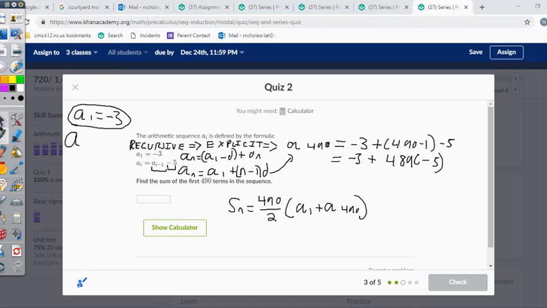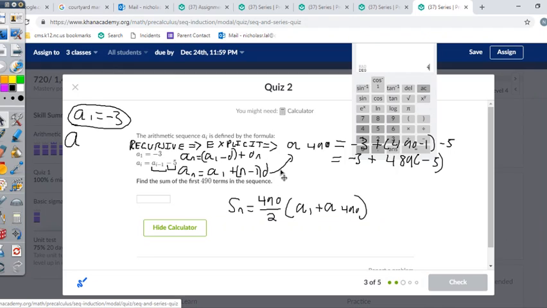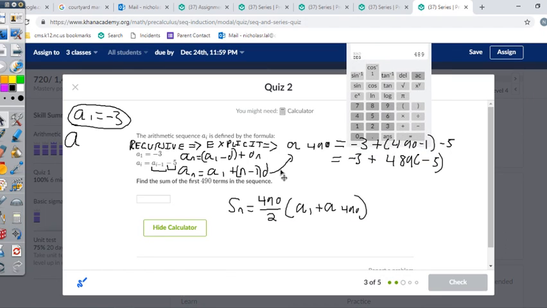So that's going to be equal to 489 times negative 5 plus negative 3.